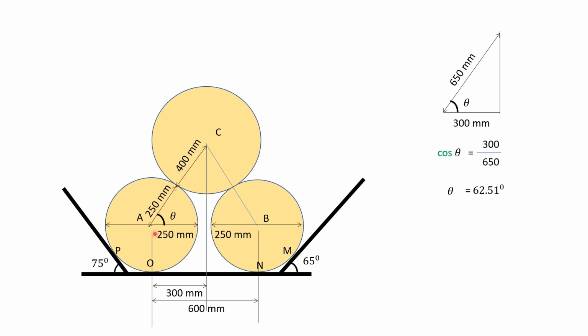This distance will be 600 by 2, that is 300 mm. Theta equals cos inverse of 300 by 650. So theta will come to 62.51 degrees.